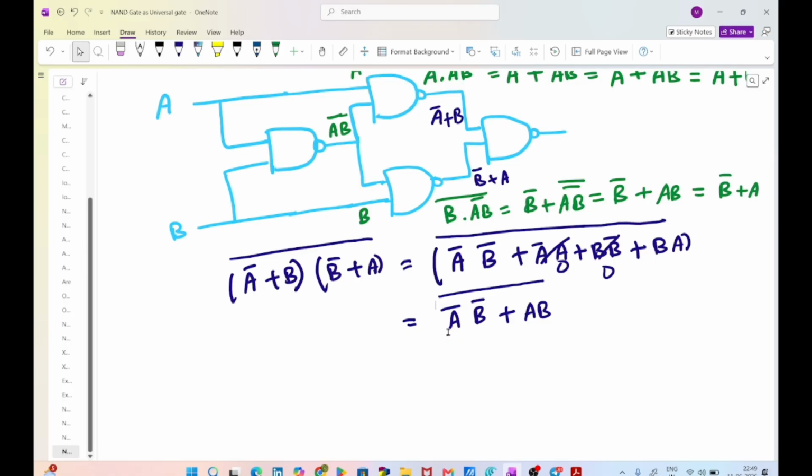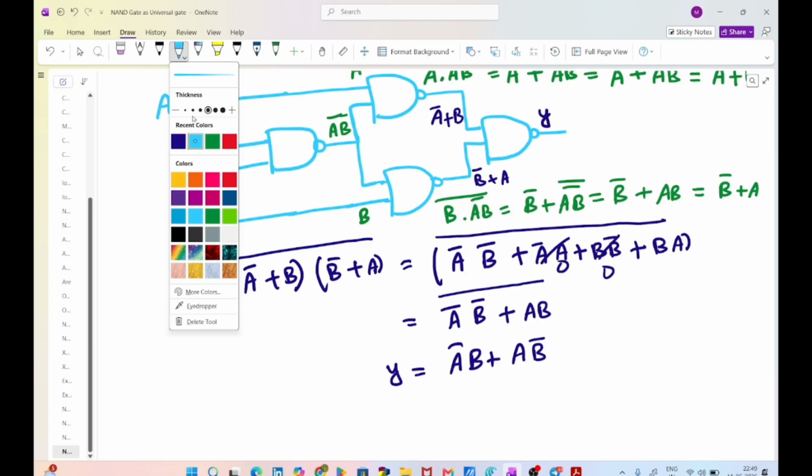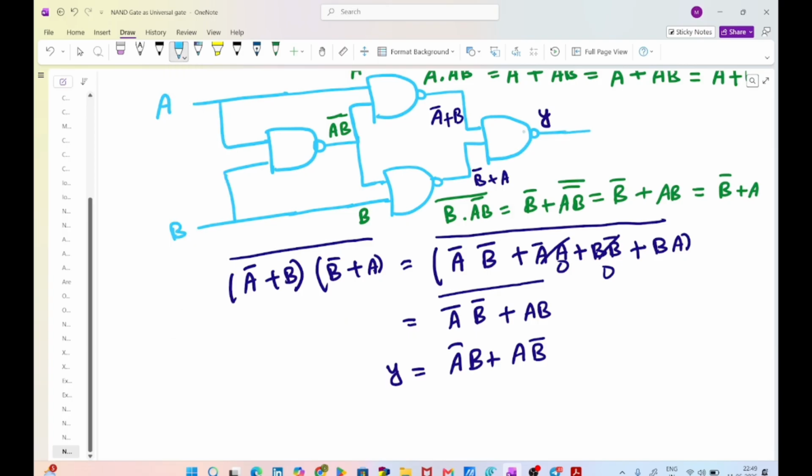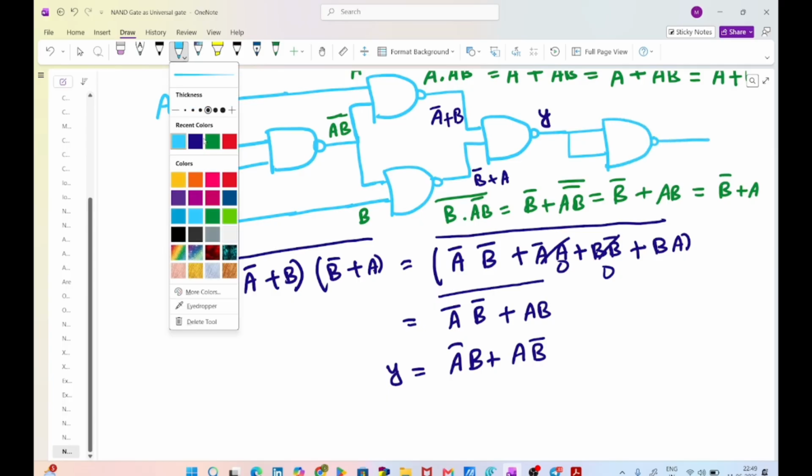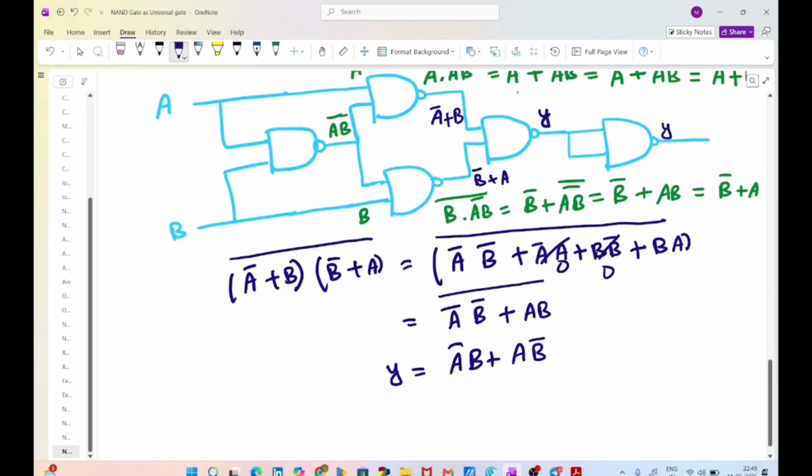Since there is a complement, this is the XOR gate: Y equals A bar B plus A B bar. If we give it to the NOT gate, that means the inverter, it will become the XNOR gate: Y bar equals A bar B bar plus A B.